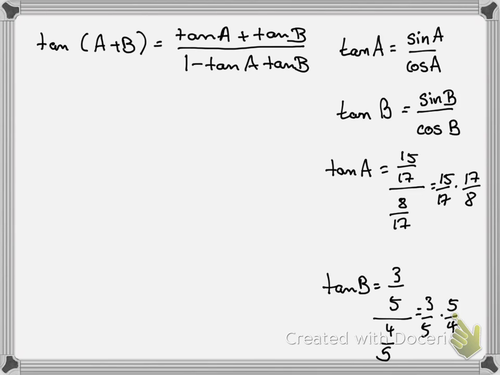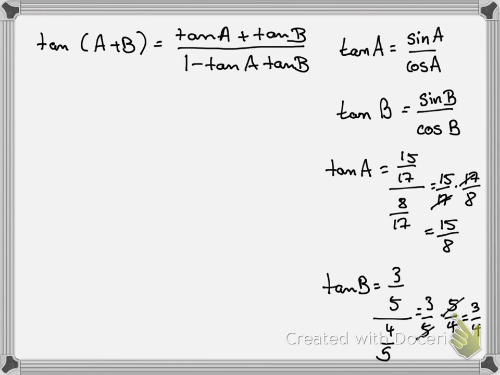So the tangent of A would be the sine of A, which was 15 over 17, divided by 8 over 17. When you divide fractions, you multiply by the reciprocal. The 17s reduce to 1. And for the tangent of A, we have 15 over 8. And we do the same for the tangent of B, and you will see that this is equal to 3 over 4.